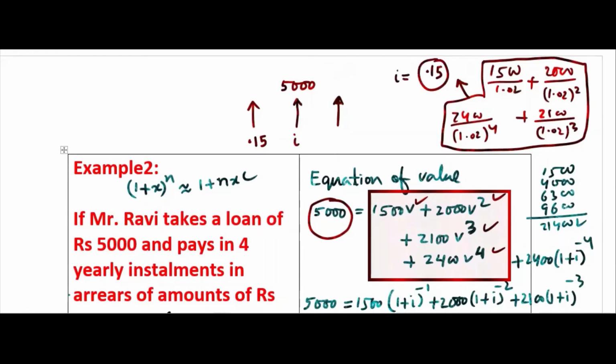Sir, it's 5569.6270. Okay. So this is 55, we want to decrease it. So you find it at 16%. Or maybe because 55 to 5000 is there, you find it at 18%.